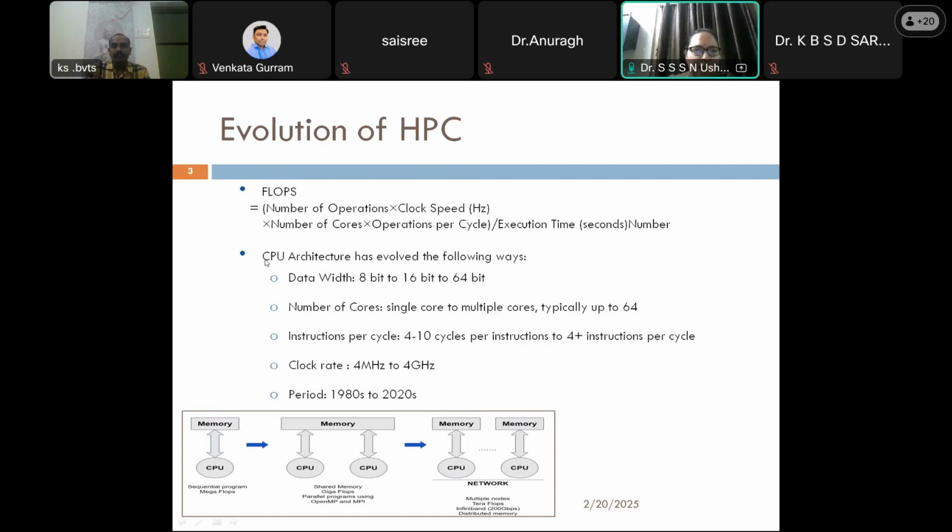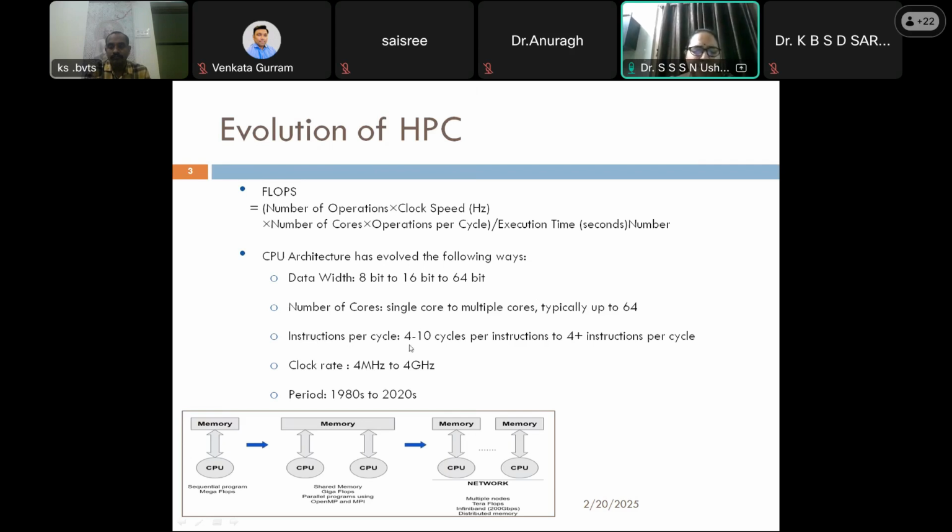Here, if you observe the data bits, 8-bit to 16-bit to 64-bit, it got increased. Data bits means how many bits we can transfer in a particular unit time. So it is updated from 8 to 16 and then 16 to 64. And the number of cores: initially we had i4 systems, i5 systems, now i7, i10 also some people are using, right?